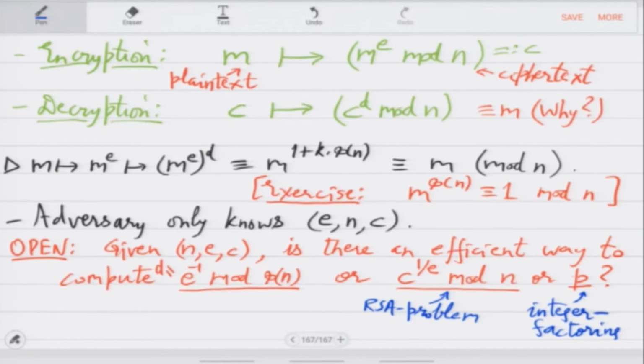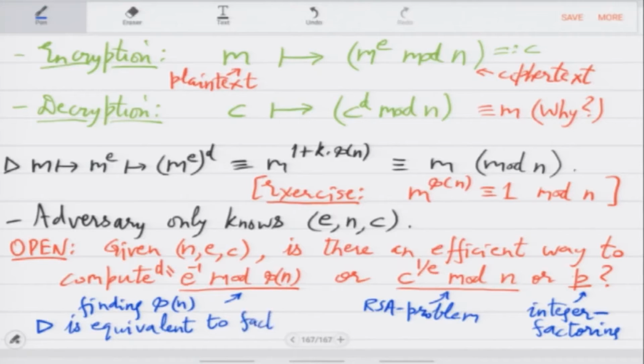And this is the question of finding phi n. And it is known that this is equivalent to factoring.